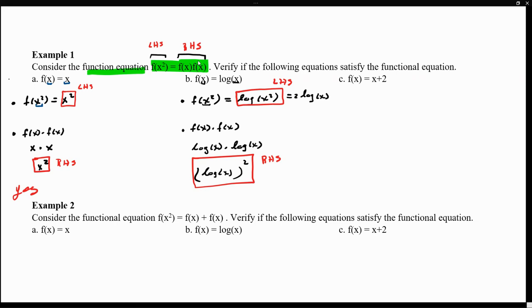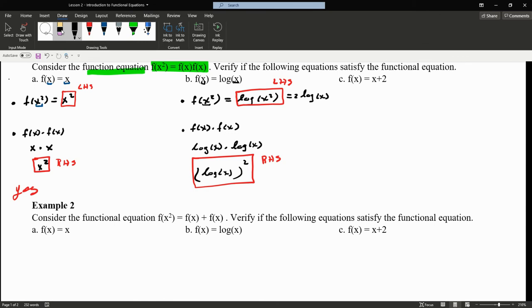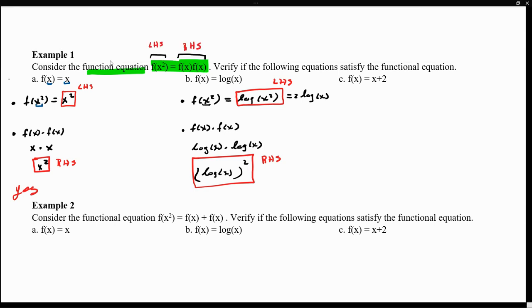If the exponent had been on the x inside the log, then we could have brought it down and that would have matched. But the left-hand side does not equal the right-hand side. Therefore, the function log of x is not a solution of this functional equation, because when we plug it in, the left does not equal the right-hand side. So in this case, this is a no.